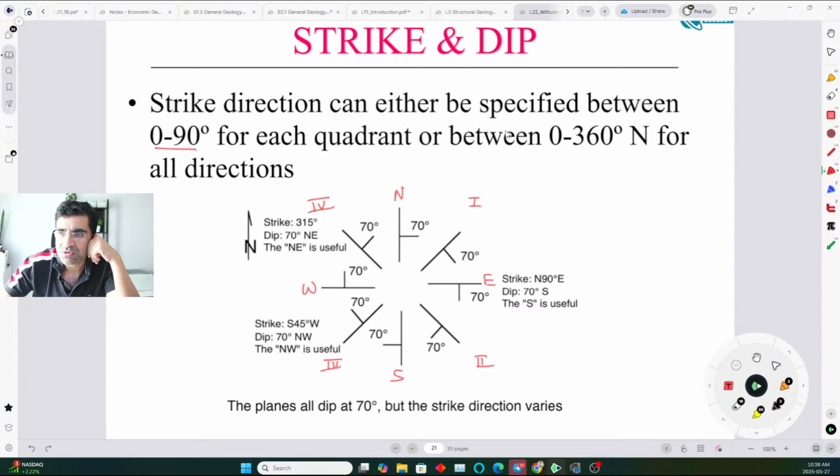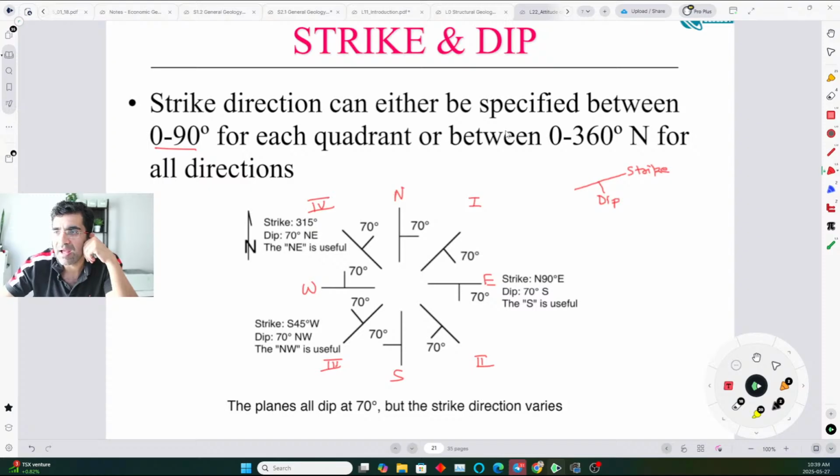All right. So let's look at some of the examples that they have given here. The dip strike symbol is usually this symbol, like this. This longer line tells you about the strike, and this shorter line tells you about the dip.